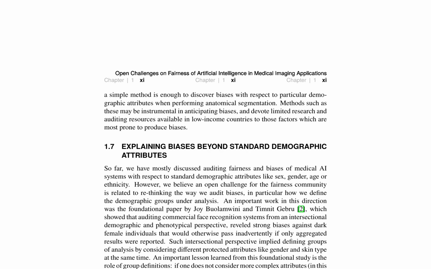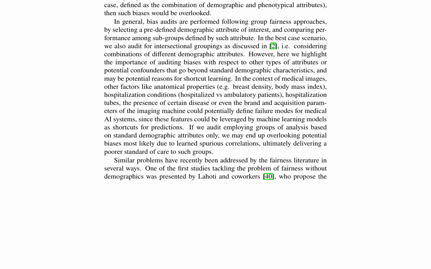Anatomical properties, hospitalization conditions, hospitalization tubes, the presence of certain diseases, or even the brand and acquisition parameters of the imaging machine could be leveraged by machine learning models as shortcuts for predictions. If audits only employ groups of analysis based on standard demographic attributes, potential biases due to learned spurious correlations may be overlooked, resulting in a poorer standard of care for certain groups.